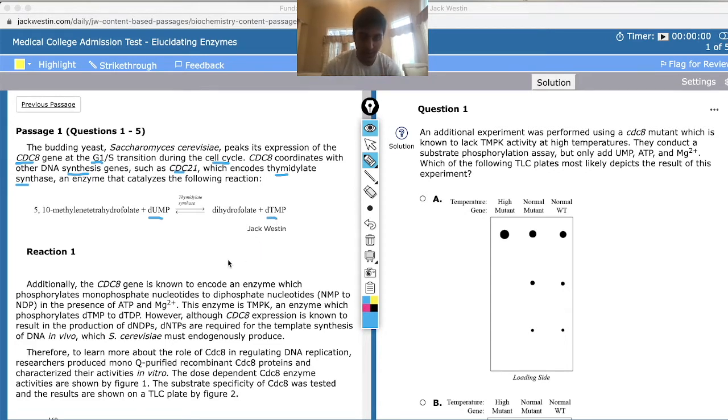So what is that? You know DNA is made up of nucleic acids. So a DNA polymer is going to be made up of these nucleic acids. So you're going to have a ribose sugar. Remember, this is what makes up DNA.